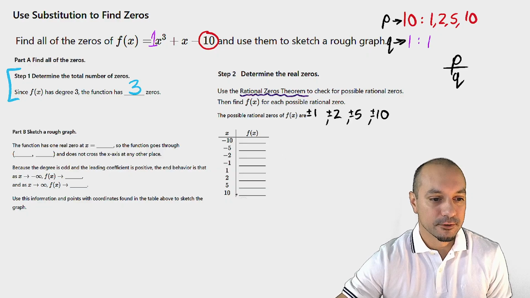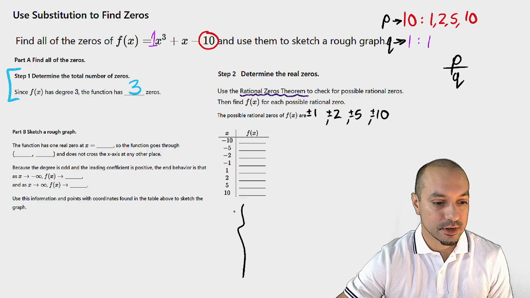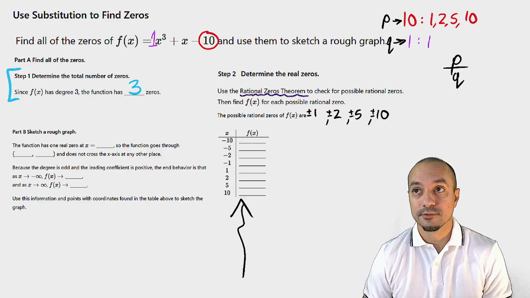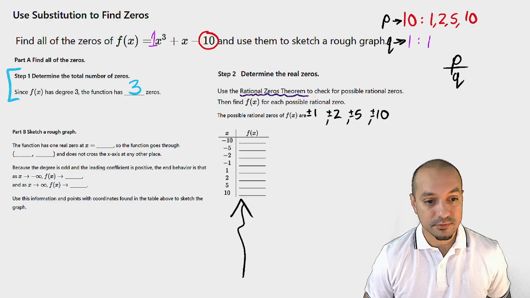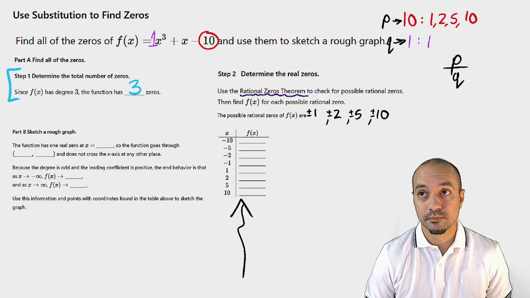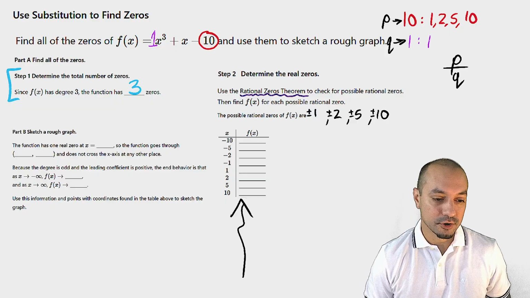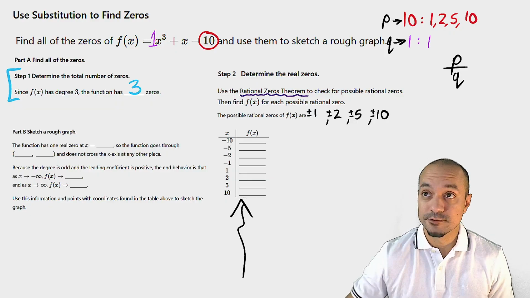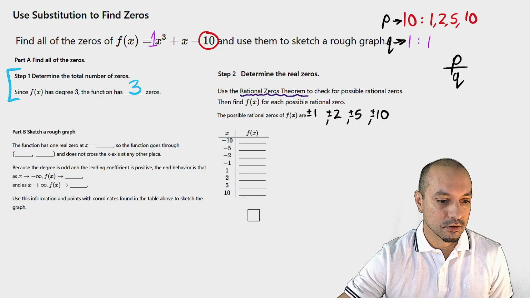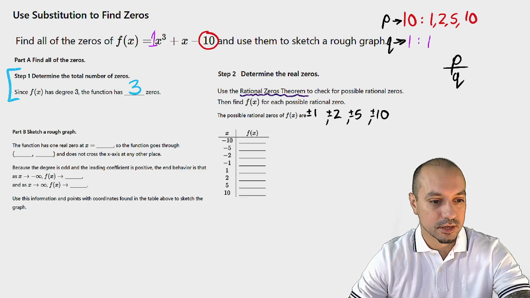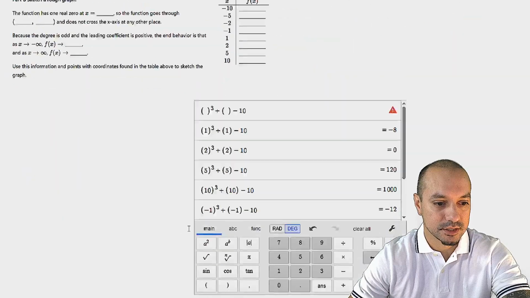Alright. From here, what I've done is I've created a table so that I can quickly evaluate these, and I want to see which of these is actually a 0. Which of these, when I plug into the polynomial, actually gives me a 0 out. So the way I did this was I set this up in Desmos.